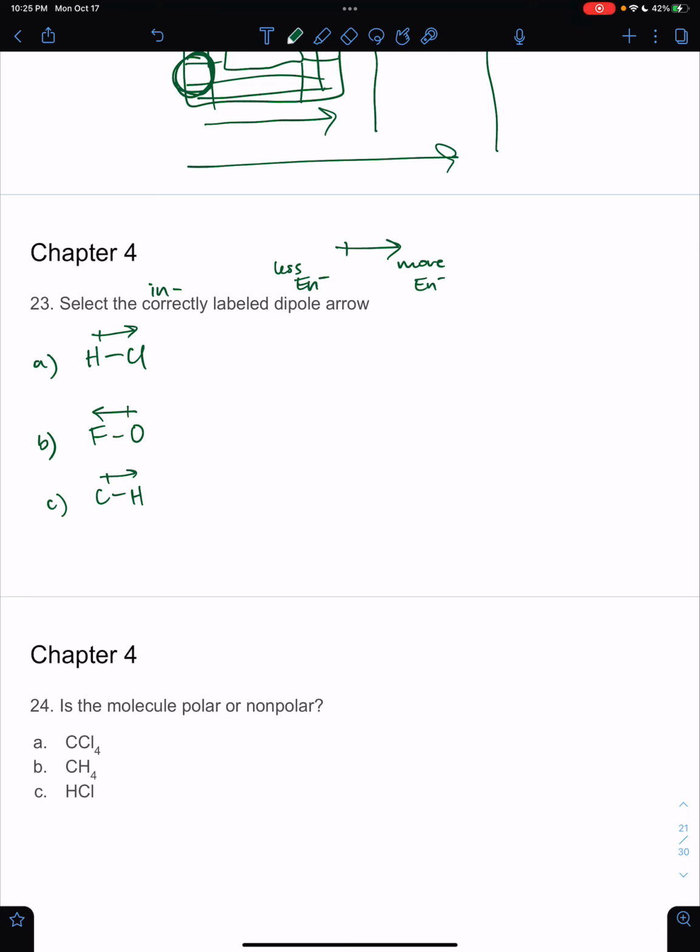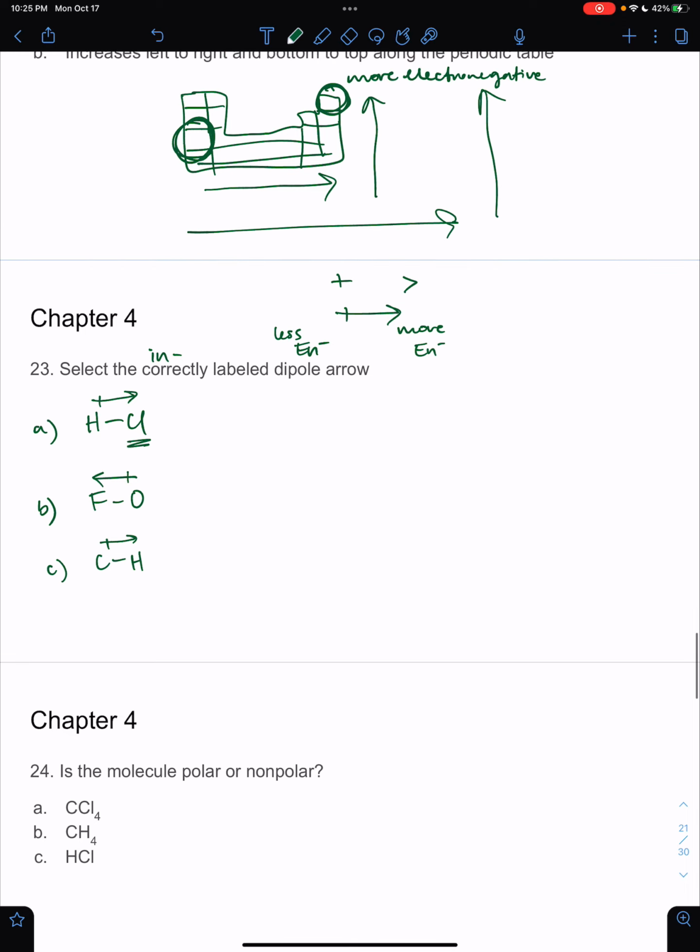So the plus sign part of the dipole is going to start at the less electronegative atom, and the arrow is going to go towards the more electronegative atom. So looking at HCl, chlorine is more electronegative because it's farther to the right on the periodic table. So this arrow is correct because it's going towards the chlorine.